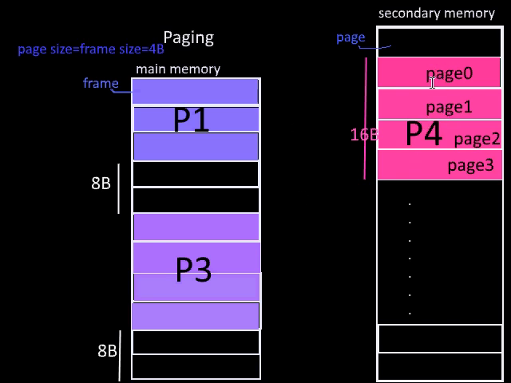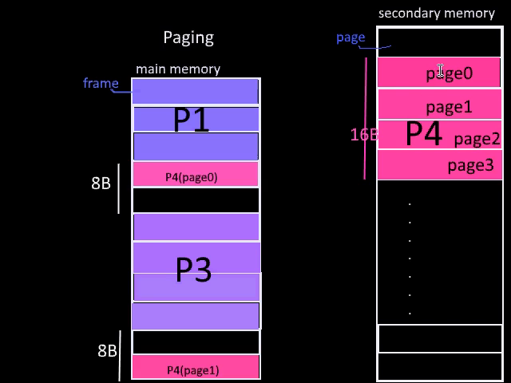Each page of the process can be loaded to any of the available frames, even the order doesn't matter. So suppose page 0 is loaded to this frame. This is frame number 0, 1, 2, 3, so this is frame 3. Suppose page 1 is loaded to this frame, and this is 4, 5, 6, 7, 8, 9, 10.